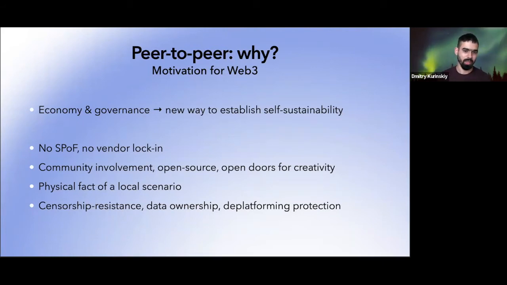And finally, we have values, more social values like censorship resistance, data ownership, and deplatforming protections. And these values become more and more important over the years. So these are the main motivations that I can identify to build my brand new project in a peer-to-peer Web3 fashion.